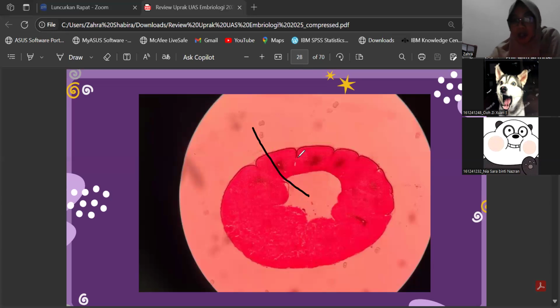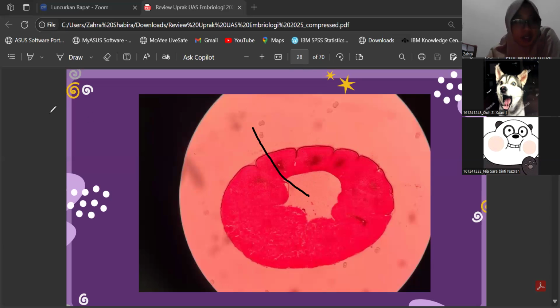If we call this blastocoel, this embryo should already be in the stage of blastula. So this is the wrong answer if you answer blastocoel.